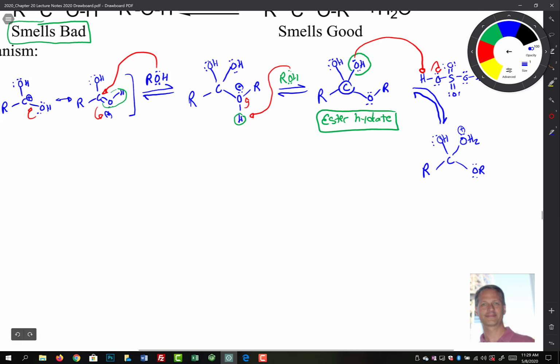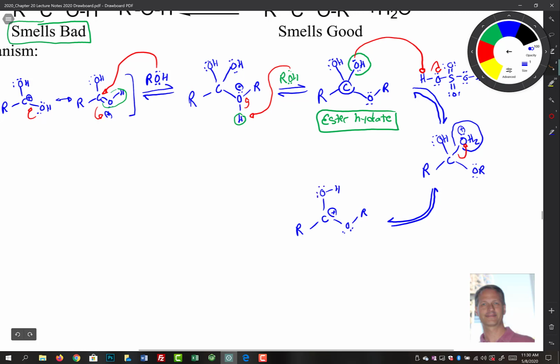Now here is our good leaving group, so we're going to kick that off. And when we do that, what we're going to end up getting down here is an R group, carbon, OH, OR, and a plus charge.